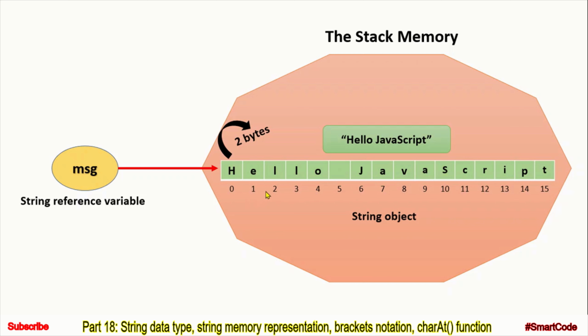The index value under each box always starts from 0. So the first character's index value will always be 0, right? And this indexing mechanism is exactly the same in other languages like C++, Java, and C#.